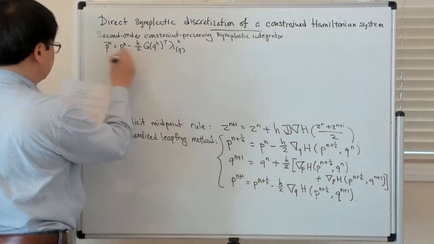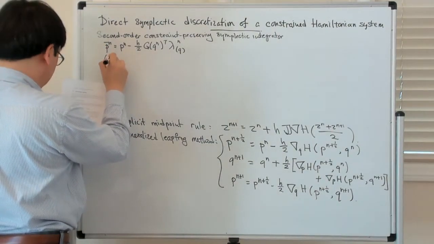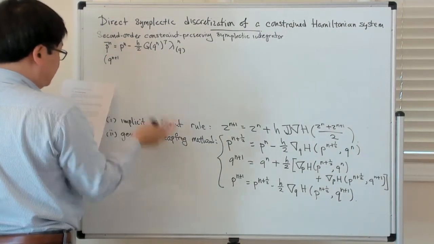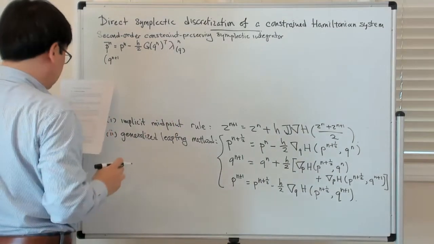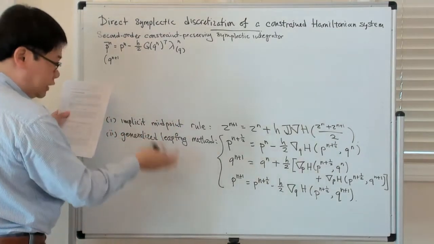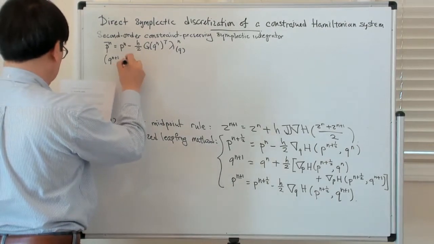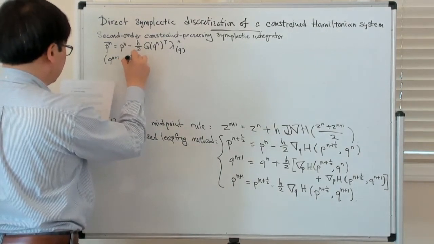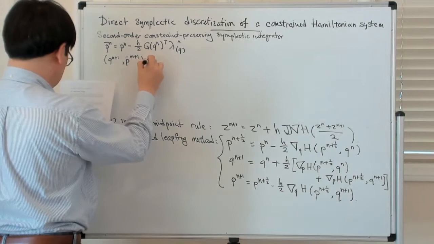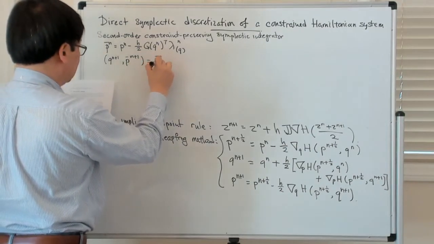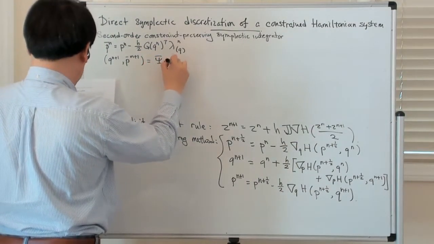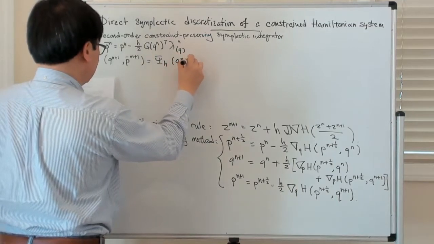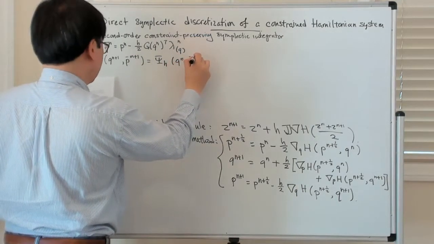Okay, so that's that. And then you apply the unconstrained one-step method, if you will. So P bar n plus 1 is equal to psi h applied to Qn P bar n.